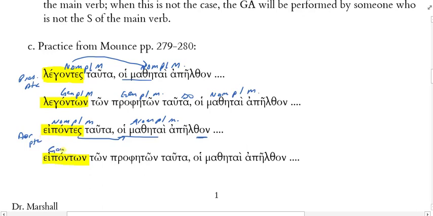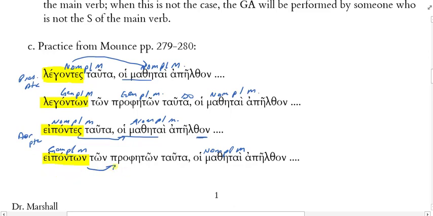That's genitive, isn't it? Genitive, plural, masculine. And hoi mathetai is still nominative, plural, masculine. So are the disciples doing the talking here? Nope. Who's doing the talking? The prophets. The prophets are genitive, plural as well. Okay? So how am I going to translate this?